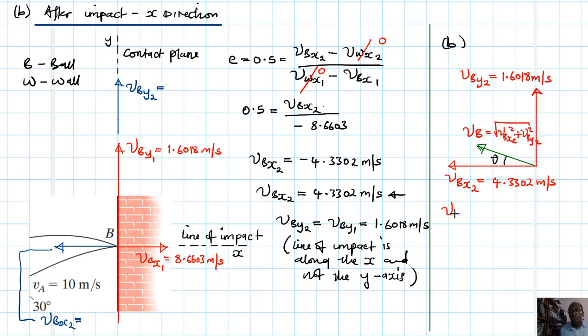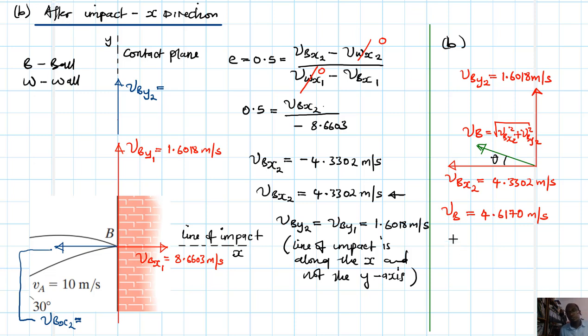And therefore our V_B there is just going to be equal to 1.6018 squared plus 4.3302 squared. Then square root of that, we do have 4.6170 meters per second.